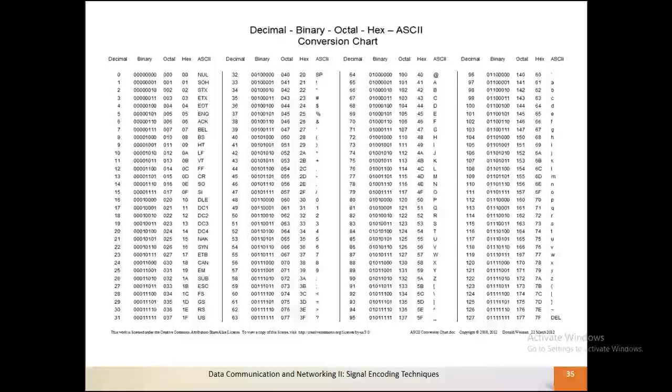These are the ASCII characters that make them up in terms of their digital representations or within a data form. So they basically assign a value from a decimal point of view, a binary, an octal, hexadecimal, and then the ASCII itself.